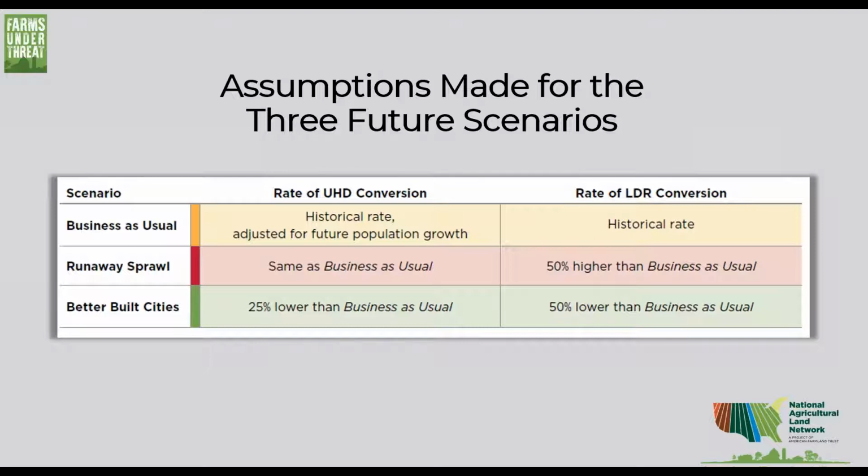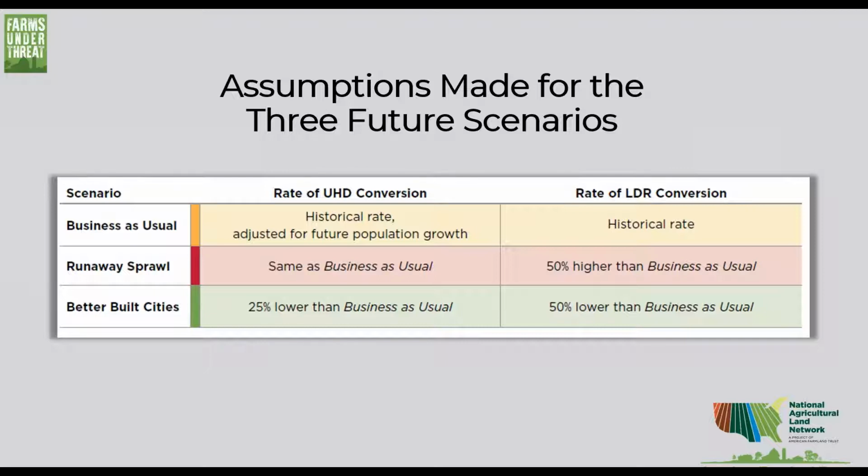In runaway sprawl, we left that same rate of that urban and high density conversion, but we assumed, based on what we talked about, that what has been the more recent driver of conversion, that there would continue to be an escalating level of conversion of low density residential development. So you see here that we projected a 50% higher from that business as usual. Conversely, for better built cities, we adjusted that historical rate down.